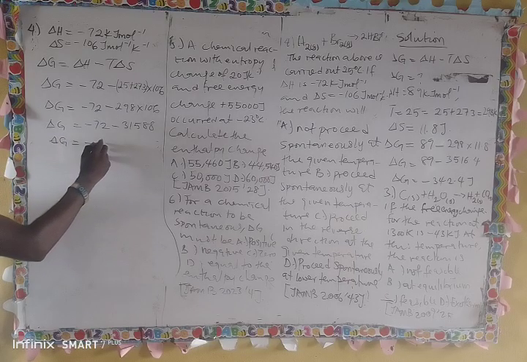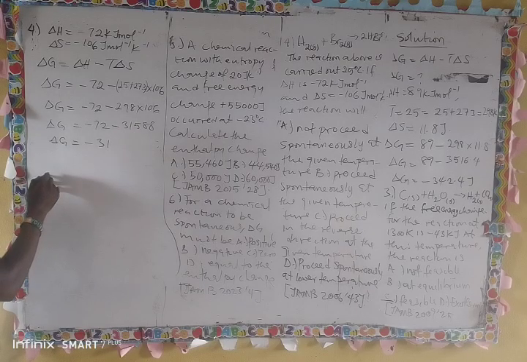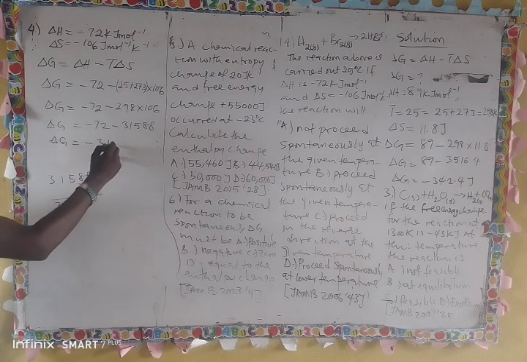So minus 72 minus 31.588, that is minus 31.660. Finished?